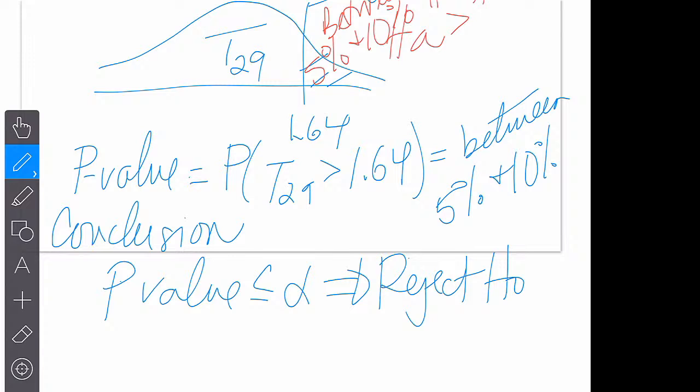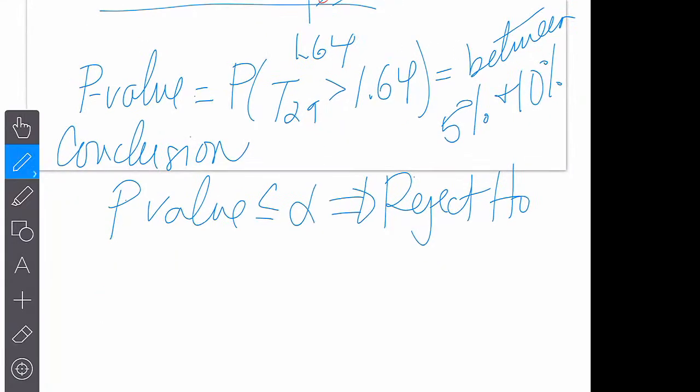Okay? And if that's not true, you fail to reject H naught. So in our case, 5 to 10% is not smaller than 5%. So you fail to reject.